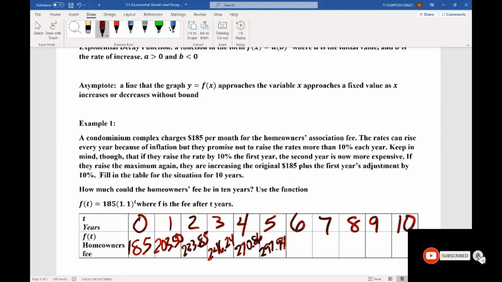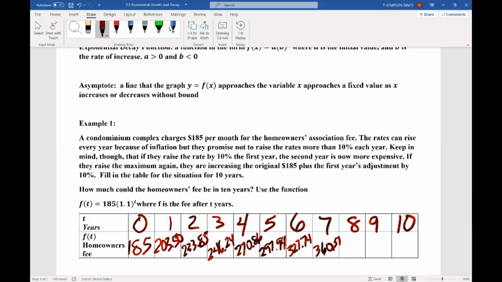Raise it to 6, 327.74. Raise it to 7, 360.51.